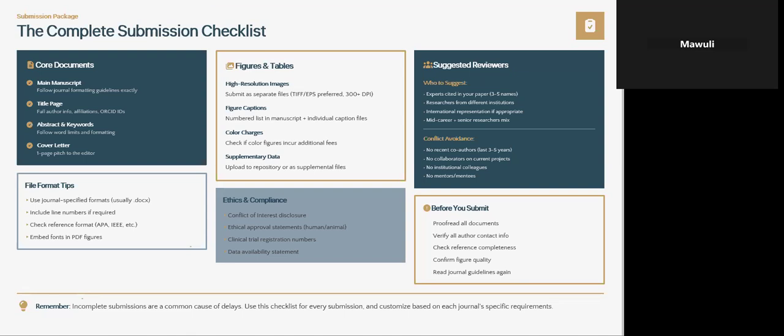And when they say anonymous manuscript, some journals require that the manuscript should be in anonymous form. What that basically means is that you remove all the author information, the names and affiliations, from the top of the manuscript, and just start your manuscript from the abstract down to the last page, without the author information.